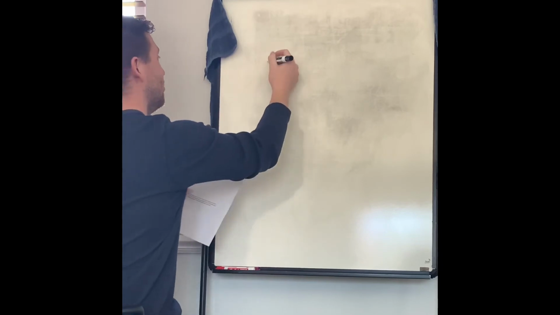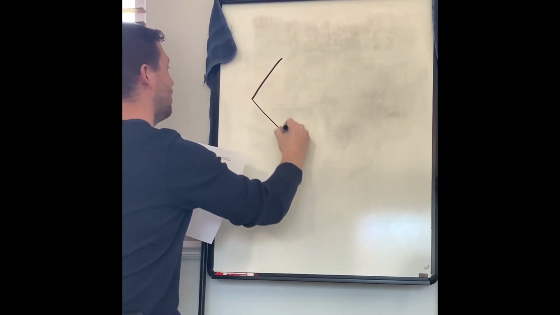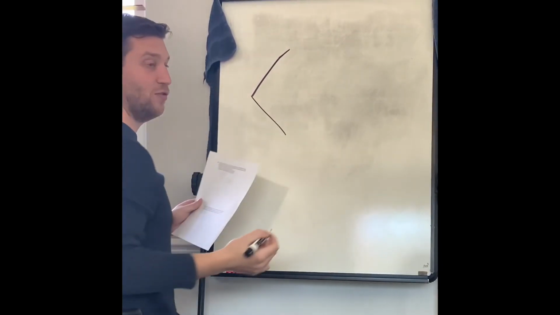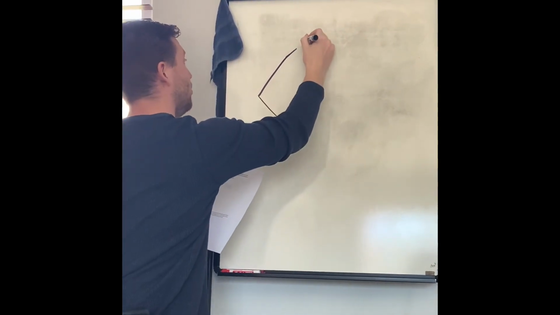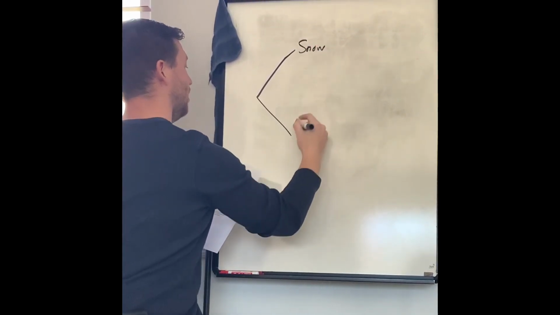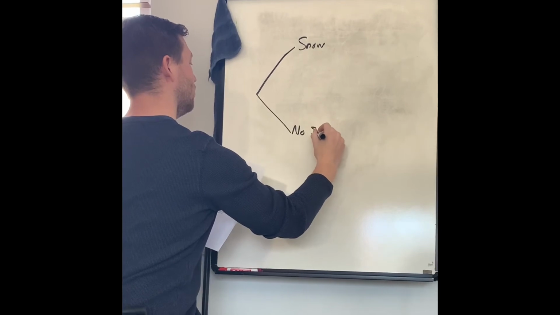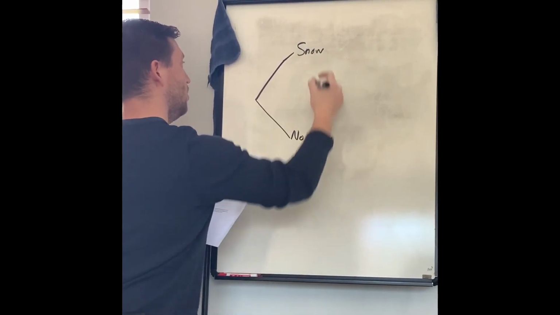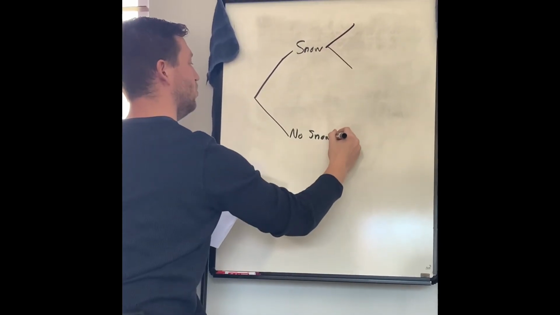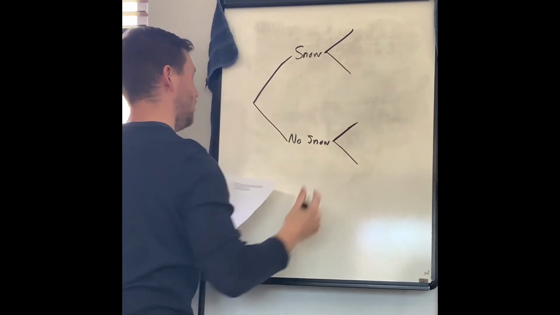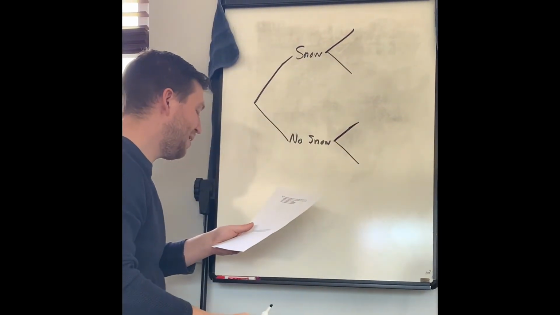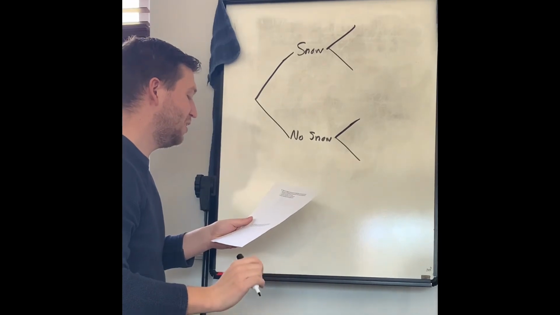All right, so let's start our tree diagram. It says there's a 50% chance of snow in the weather. Okay, so we'll put snow and no snow. It says a football team has a 70% chance of winning when it doesn't snow.